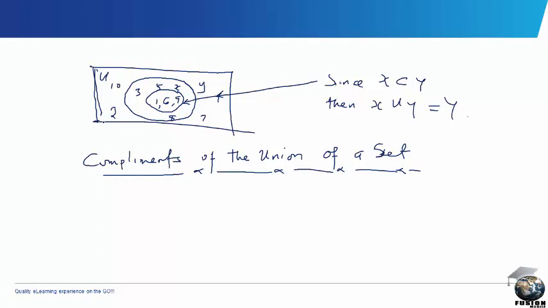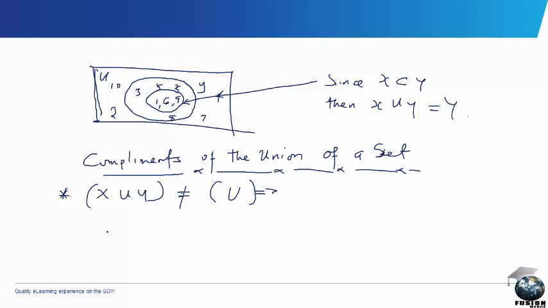They contain elements that are members of the universal set, but those elements are not contained in the union of the two sets. Okay, this could be a rough depiction of what I have in mind, but not the correct form of doing it.